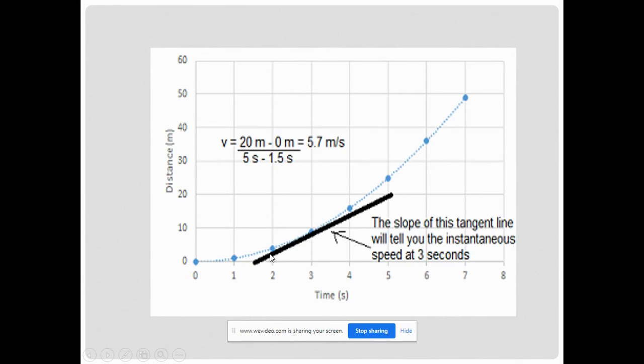The first point we picked was 0, 1.5, shown right here. Okay, and the second point we picked was 5, 20. Okay, so y2 minus y1 is 20 minus 0 divided by x2 minus x1, so 5 subtract 1.5. Okay, and you get this answer here.